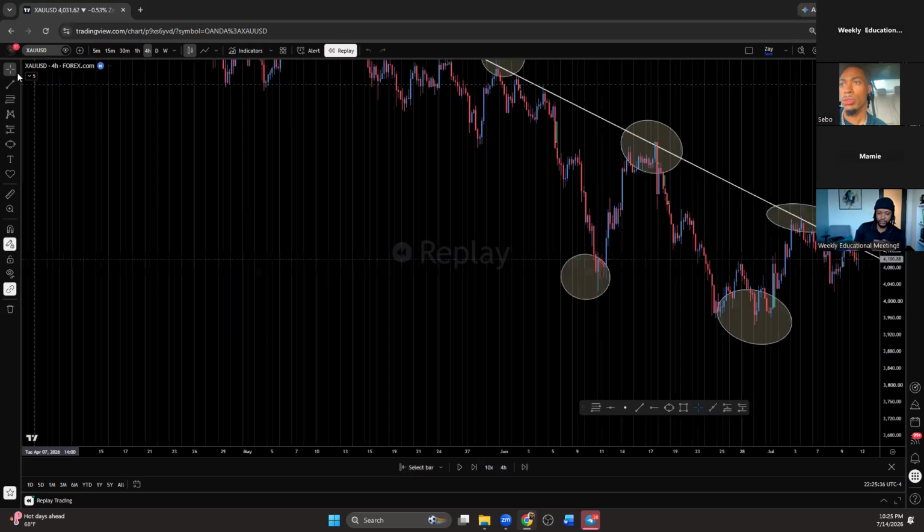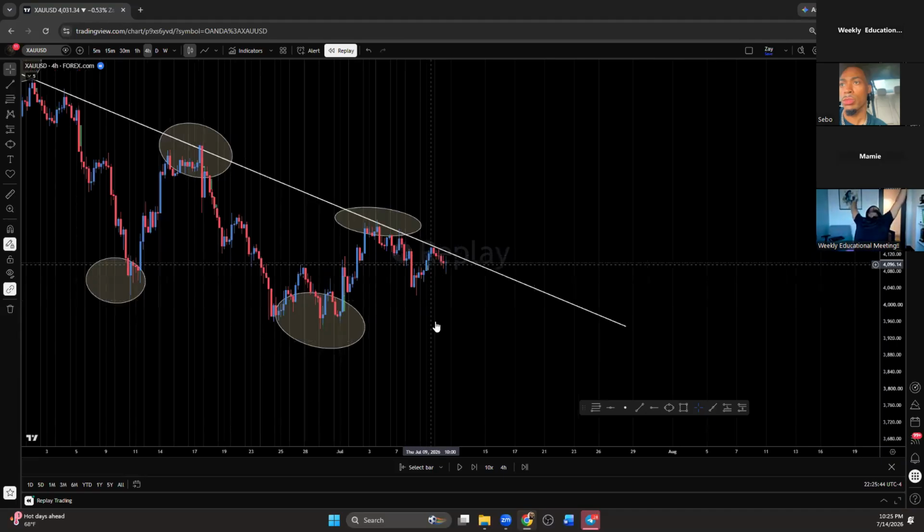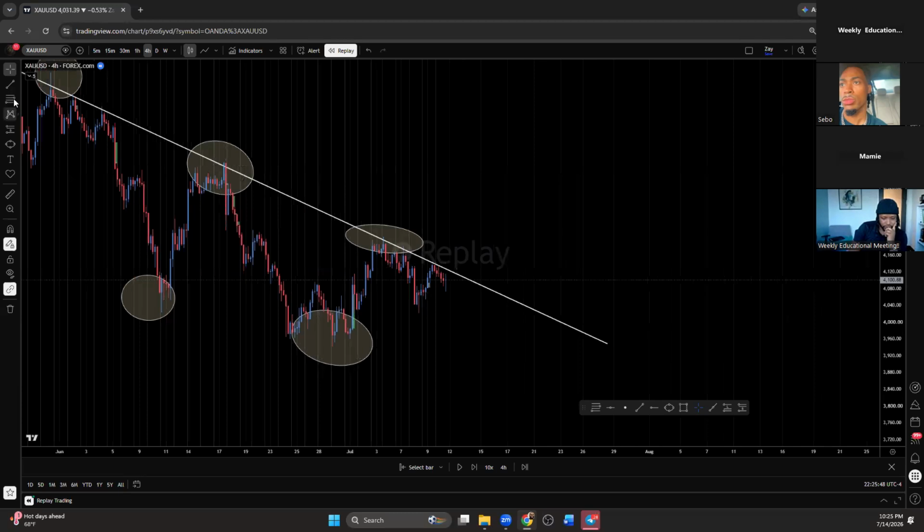All right, perfect. Here we go. So in this case, if we're looking at the market from this point of view, which is Friday, this is pretty much what we're looking at. From this high to this low, we were looking for a retracement to happen in this area right here.